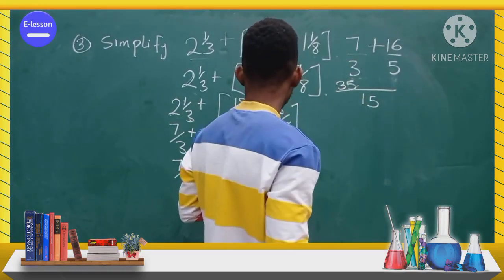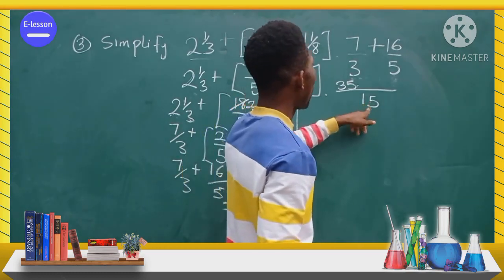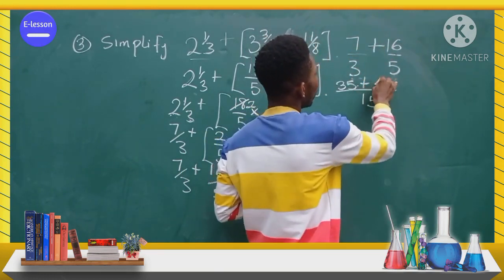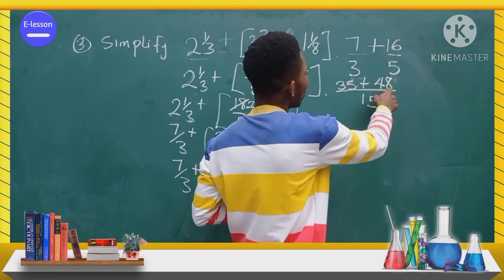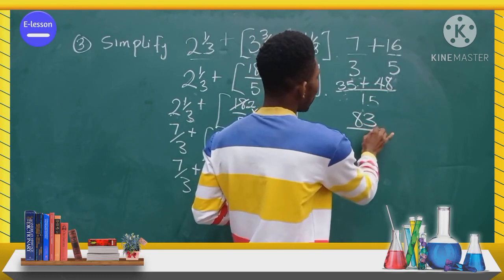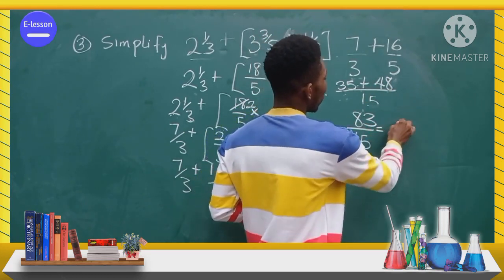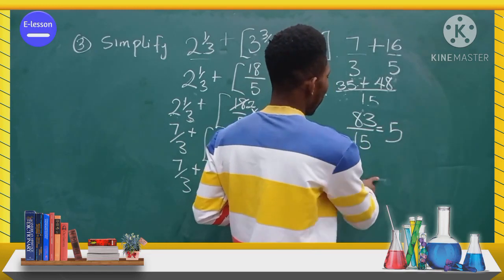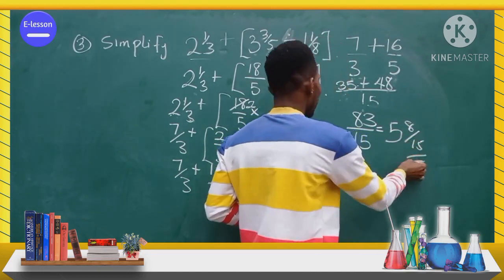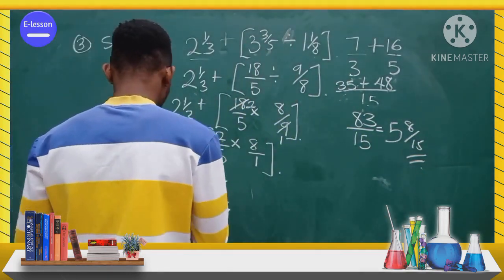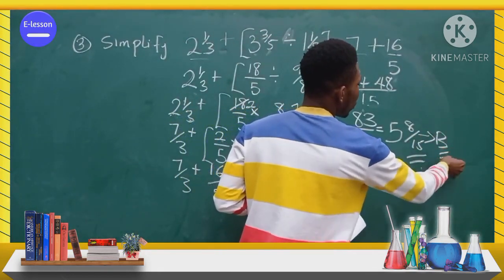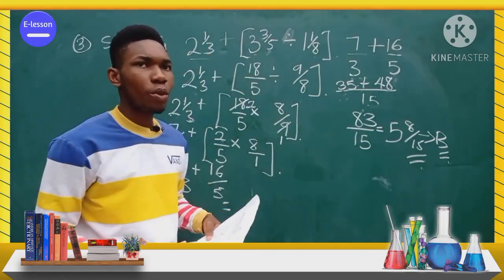Then 15 divided by 5 is 3, and 3 times 16 will give us 48. 35 plus 48 is 83. 83 divided by 15 will give us 5 whole number, then we'll be left with 8/15. And that is option B of the options given in the question. Option B, 5 whole number 8/15.